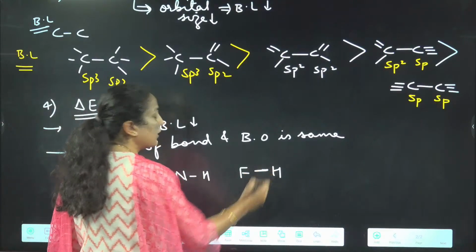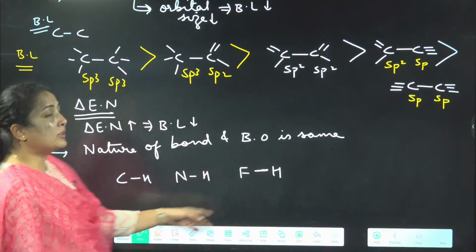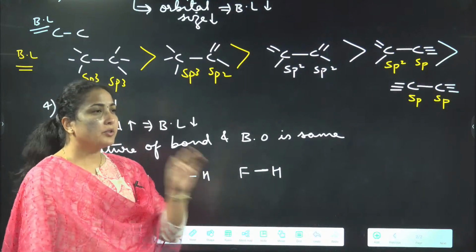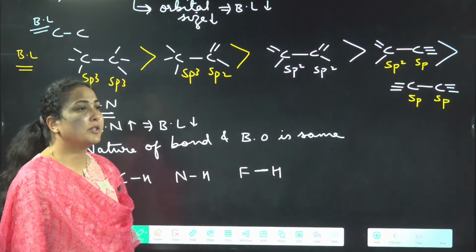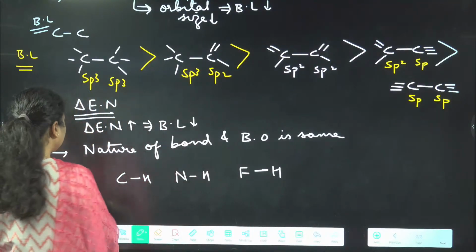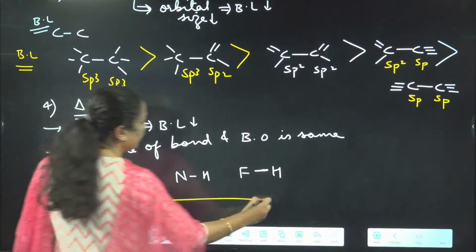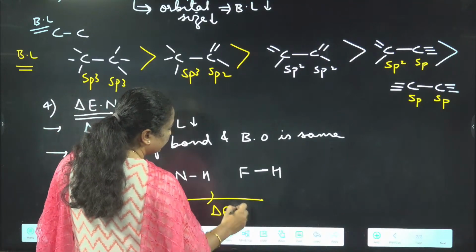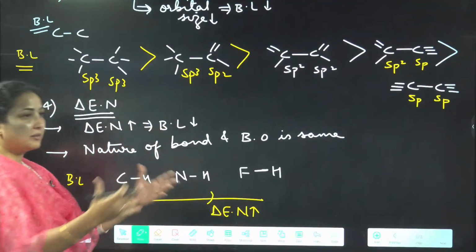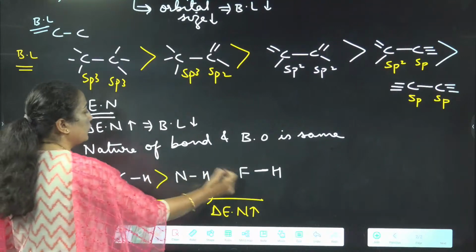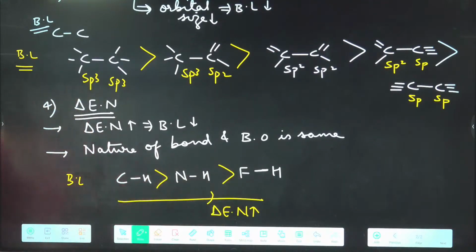Now the nature of bond is also the same because all these atoms are bonded to hydrogen only, right? Now next what we know, delta EN will be increasing this side, hydrogen and fluorine have maximum electronegativity difference, so bond length is going to decrease like this. Getting it?